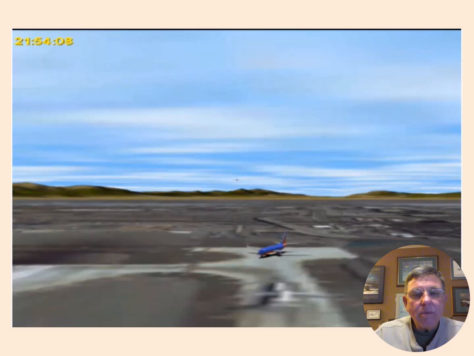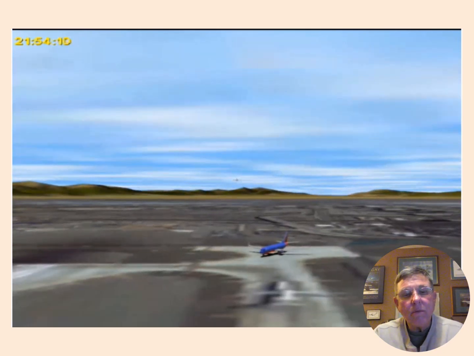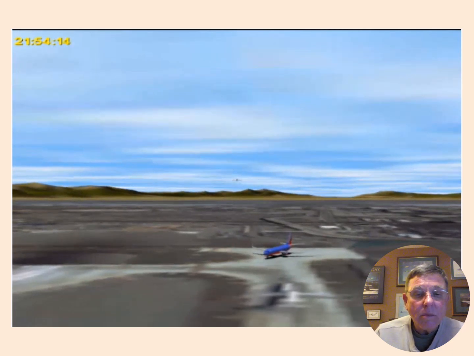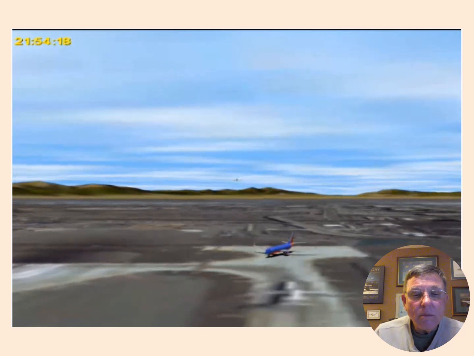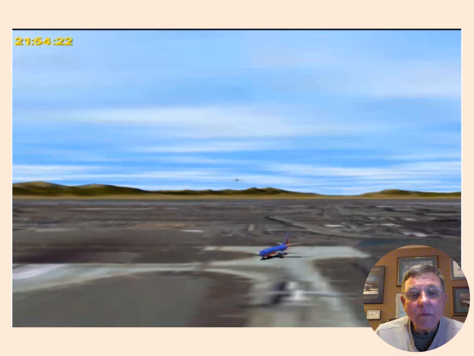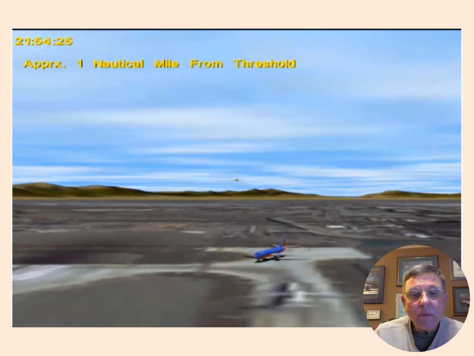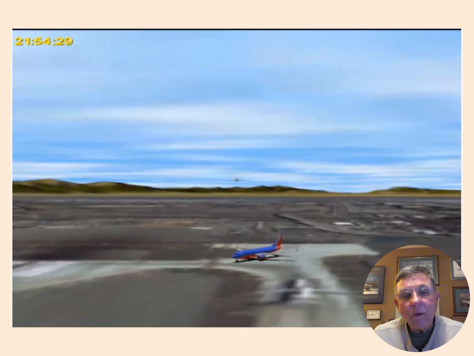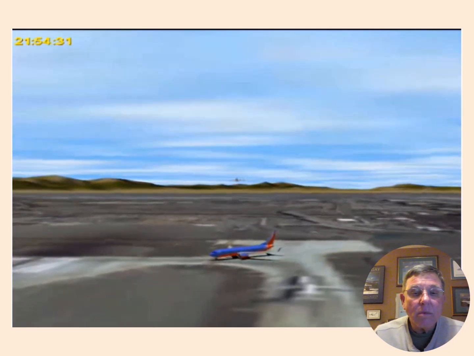Southwest 440, runway 24 left, position and hold. Southwest 440, turn left heading 210, runway 24 left, cleared for takeoff. Short final 24 right, cleared to land.